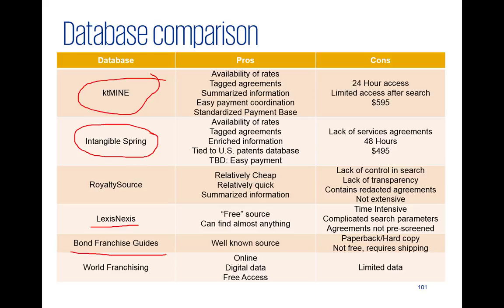It's a paperback hard copy, so you have to go through it in that manner. But it will identify some possible comps that you may then go back and have to search some of the other databases for in order to get all the details that you need. There's also World Franchising, which is an online database with access. It doesn't have full data, but it may help you spot agreements that you then might be able to find the full data for in other sources.